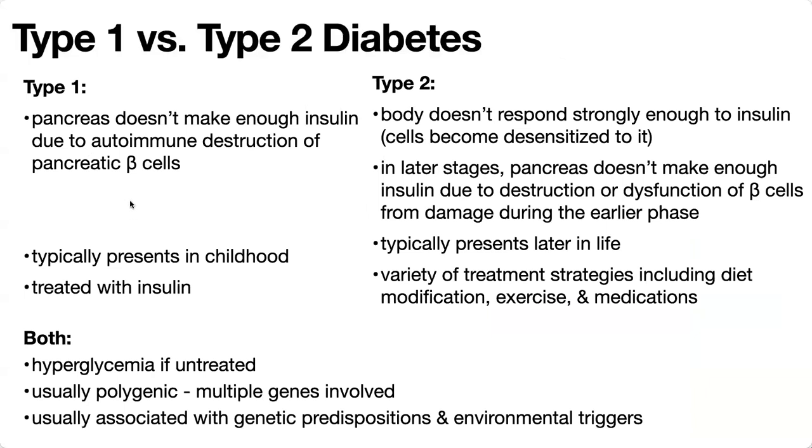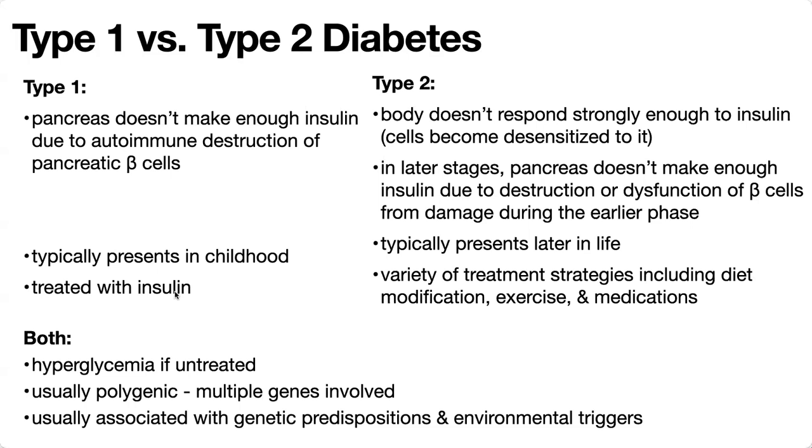When it comes to diabetes, it's typically not just one thing going wrong, and we're not even exactly sure what is going wrong. Both type 1 and type 2 diabetes are usually polygenic. This means there are multiple genes involved, not just one. So people often have genetic predispositions and then environmental triggers. They have some genes, some polymorphisms or alleles, some versions of genes that make them more susceptible to getting diabetes.